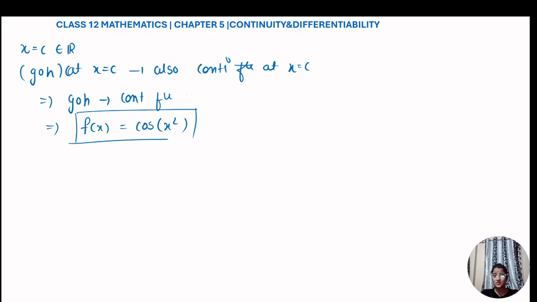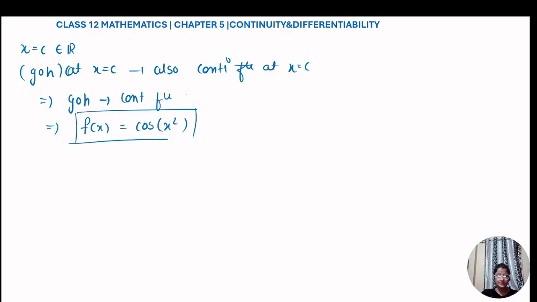It's very easy, but this is a very good question, as per my knowledge. I can bet that in previous questions you were using the algebra of continuity, right? So algebra of continuity is a very important part. You should do each and every question where you have to use the algebra of continuity, because you can have questions related to this in your boards also.